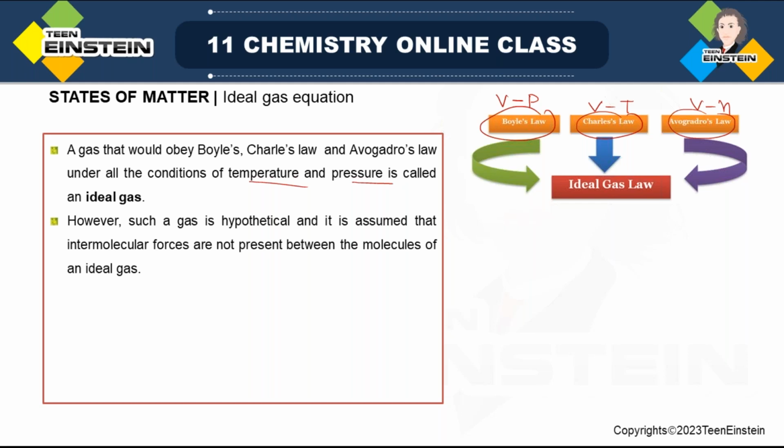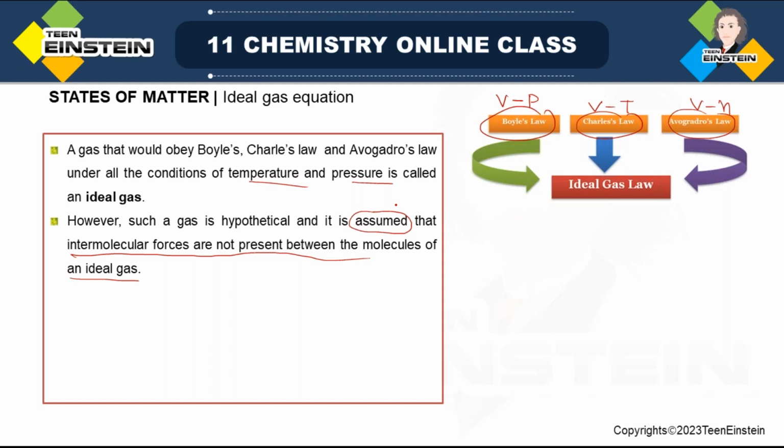Though it is true that such an ideal gas doesn't exist in reality, it is hypothetical, and it is assumed that intermolecular forces are not present between the molecules of an ideal gas. Though that is not true, it is just an assumption. So when you make this assumption, that intermolecular forces are not present. Remember, intermolecular forces we have seen in the first class, right?